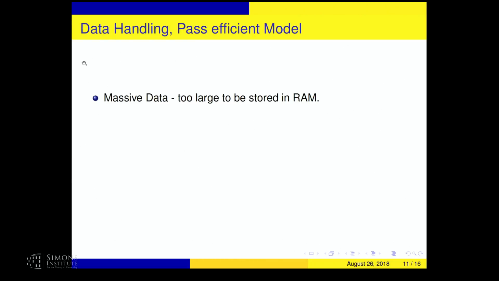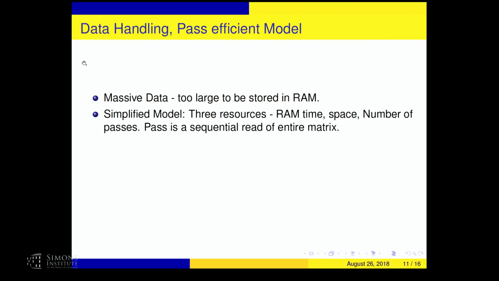So for data handling, you could have the streaming model because the matrices are too large. Instead, most of these results are done in the following model. The data is too massive to be stored in RAM. In the simplified model, we measure three resources: RAM, time, and the number of passes.